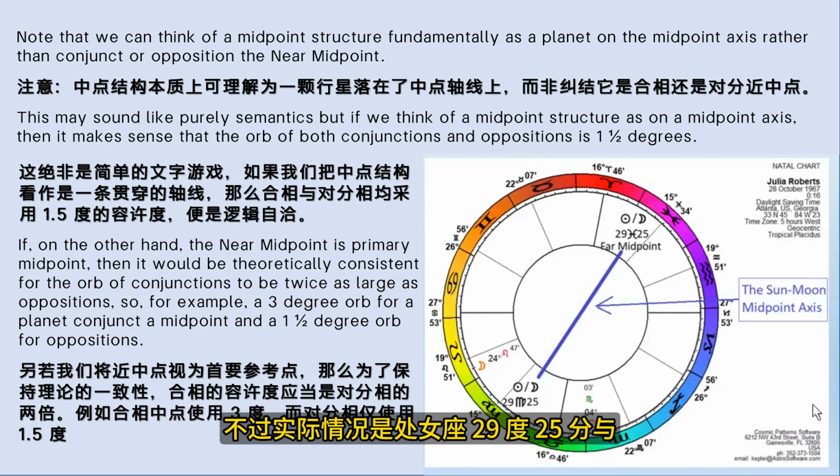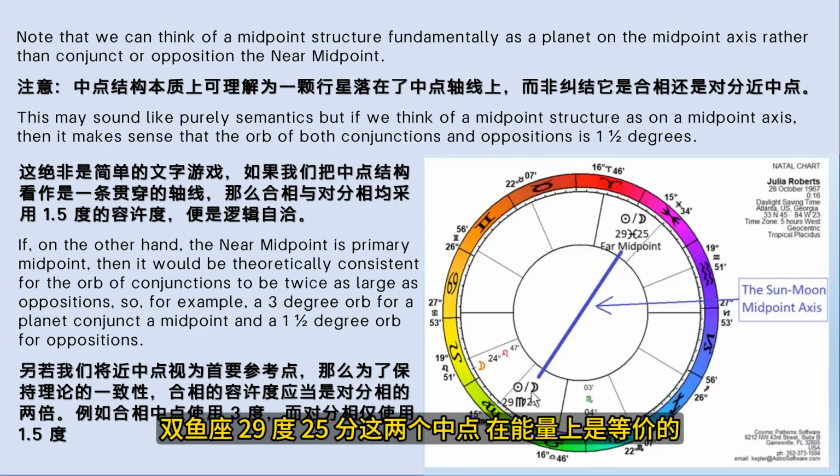However, what's really happening is that both midpoints, 29 Virgo 25 and 29 Pisces 25, are equal in power.